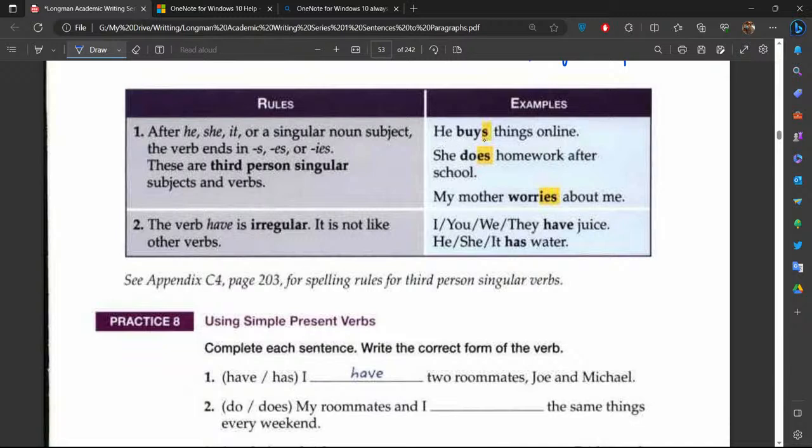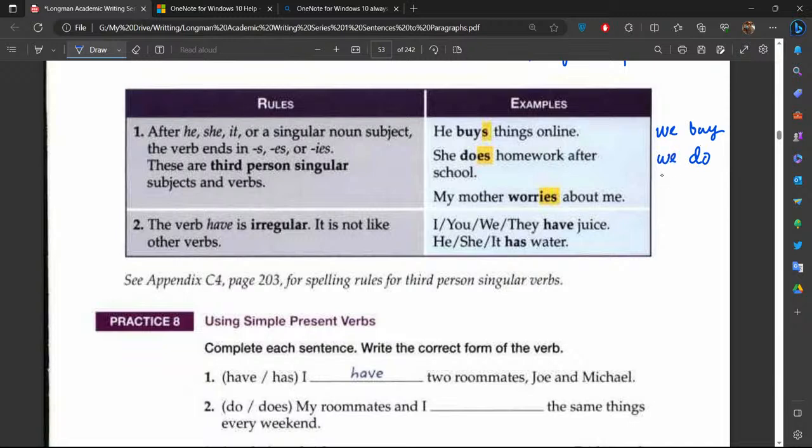Supposedly he buys. If we were using we, we buy things online. If you used we or you, buy things online. But he buys things online. She does homework after school. Now we have added s to do.